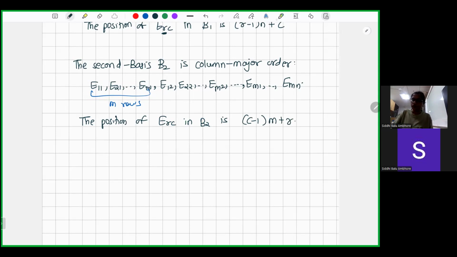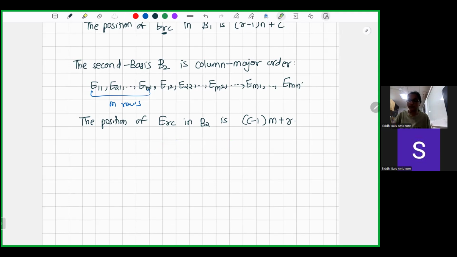Because to go to the Cth position here, I first have to omit the first C minus 1 columns. So for example, if I want to look at the E_1C term here, this is in the first row and C position.